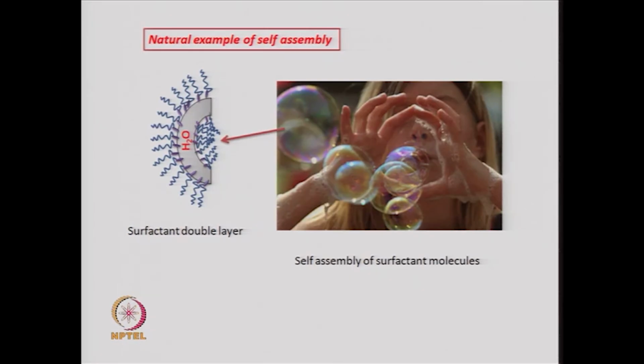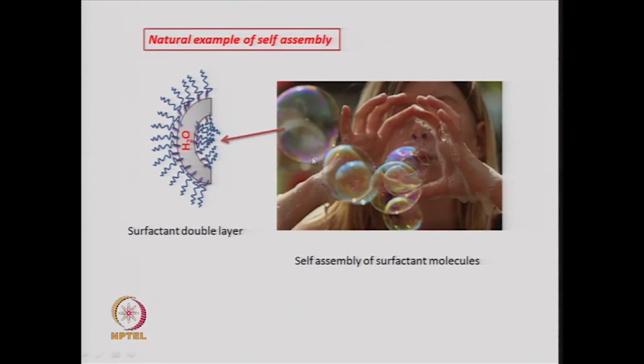So, when a large number of these molecules in water aggregate and you blow some air, you get these bubbles, and this is an example of a surfactant double layer forming.